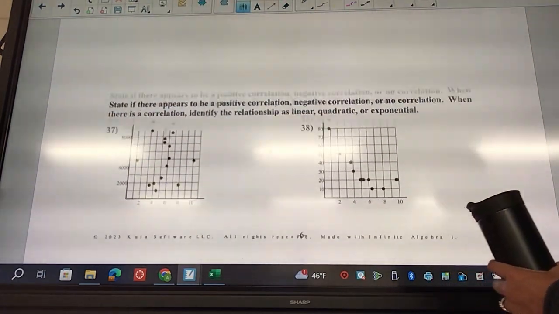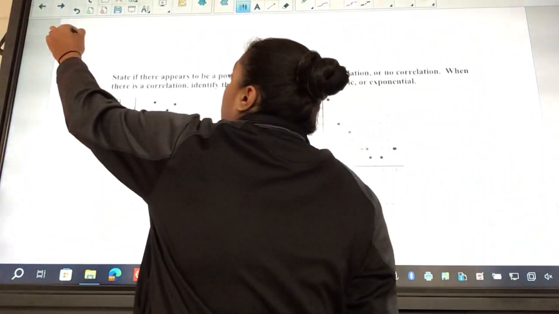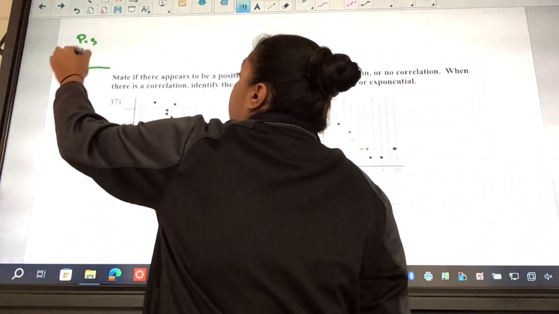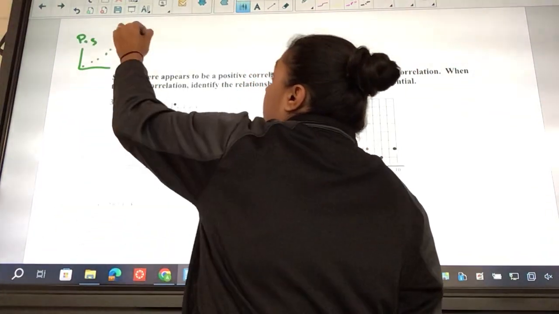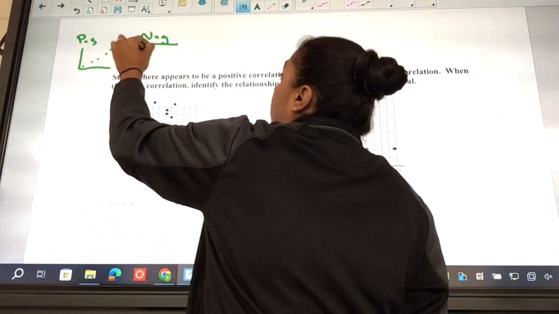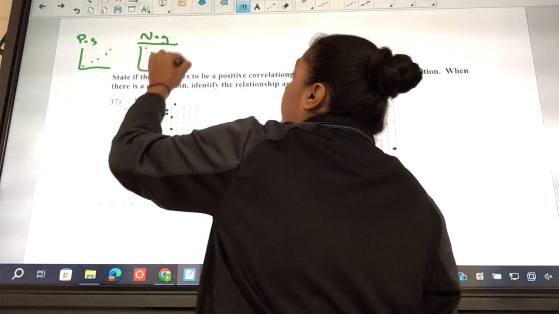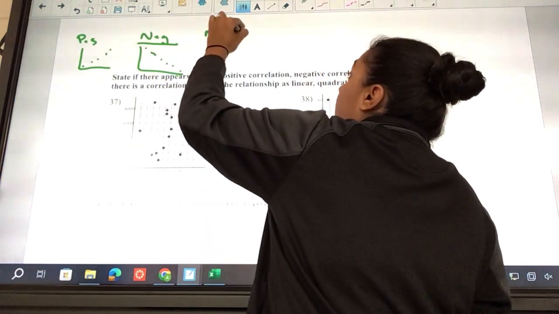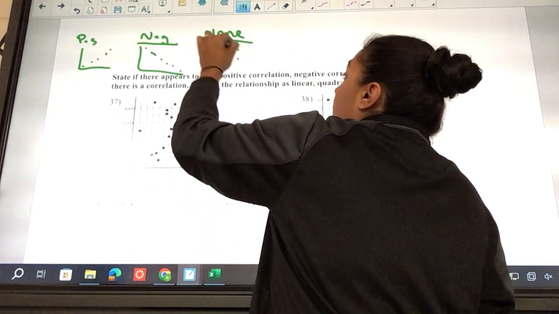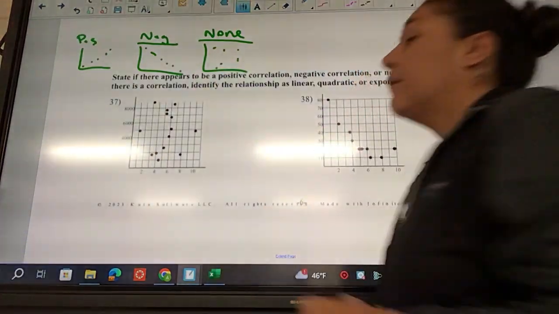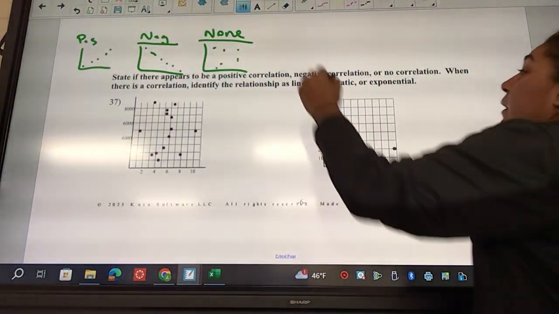And then the last section on here is correlation. Again, if it's positive, most of them are going to be going up. Negative, most of them are going to be going down. A none is going to be all over the place.